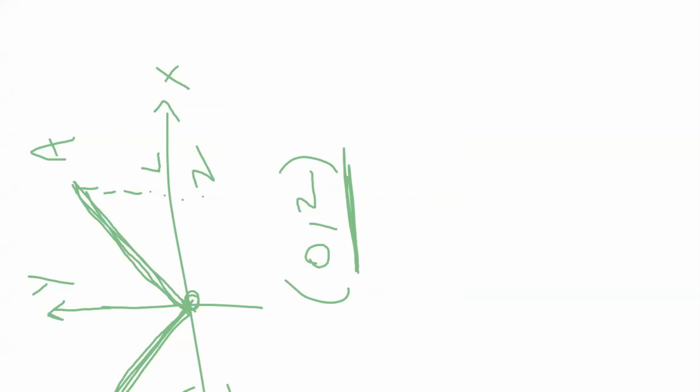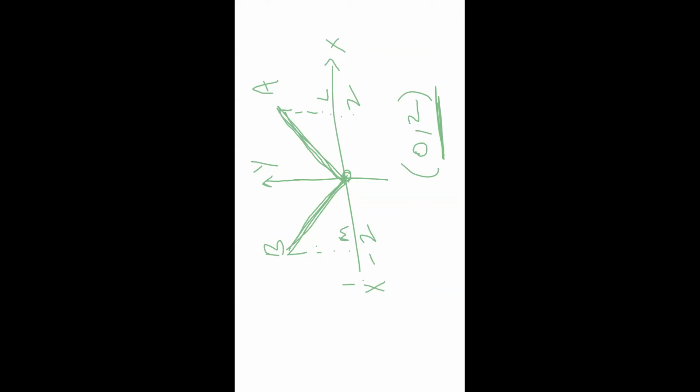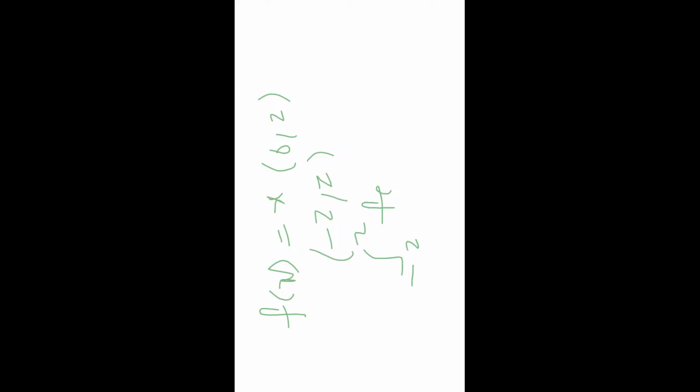In the formula f of x equal to x on 0 comma 2, we have to extend 0 comma 2 to minus 2 comma 2.